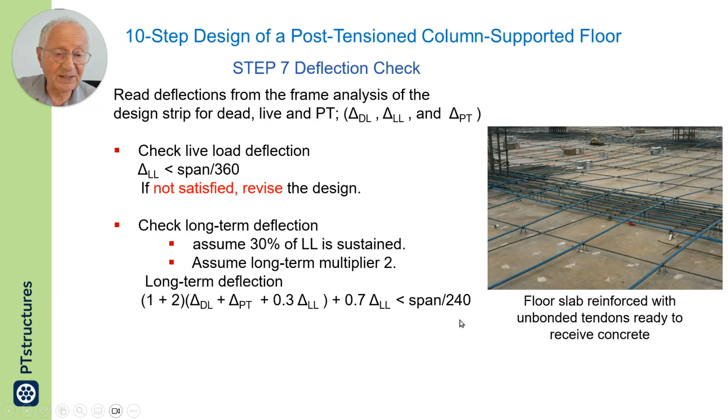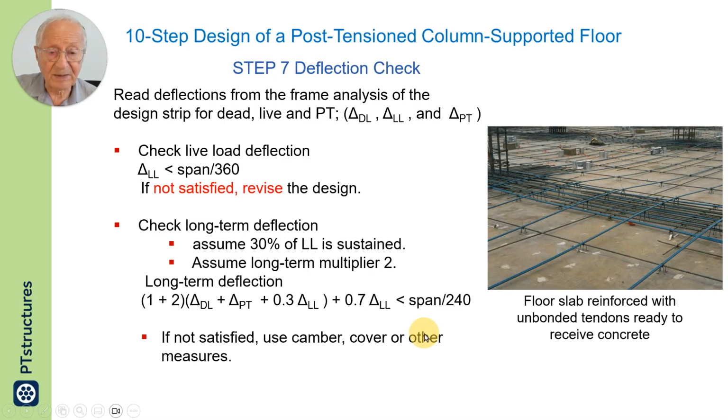And this has to be less than span over 240 for visual sense of comfort and malfunction of the installations on the slab that are sensitive to deformation. If not satisfied, use camber for the slab.